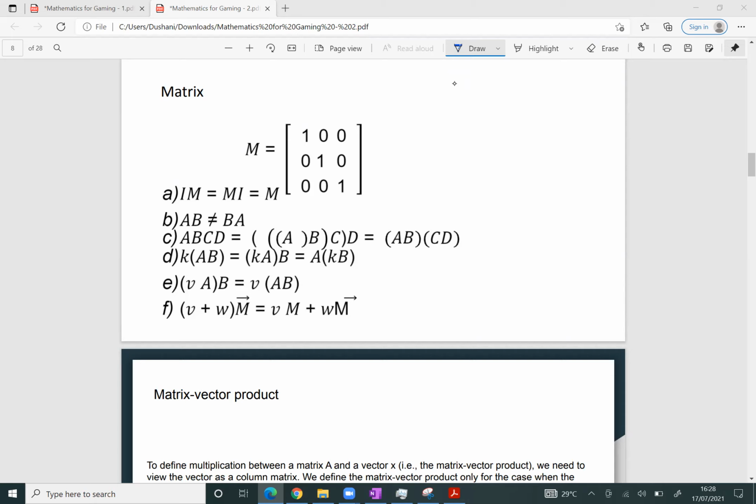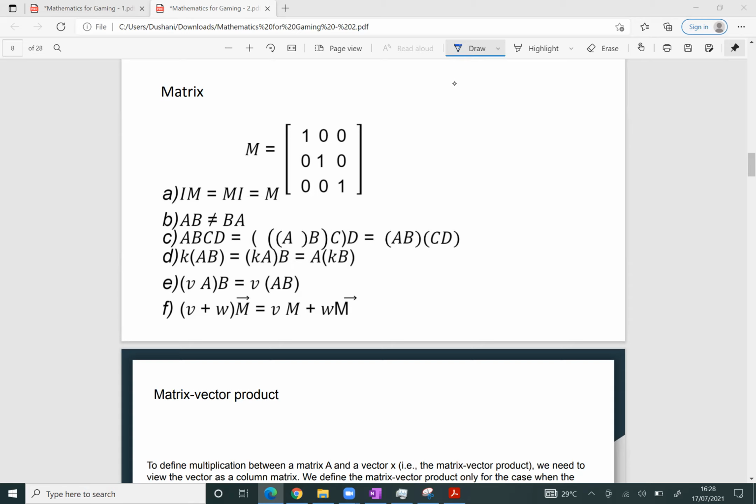For example, we can add and subtract. Matrix addition is commutative and it is also associative. And then scalar multiplication is also possible.